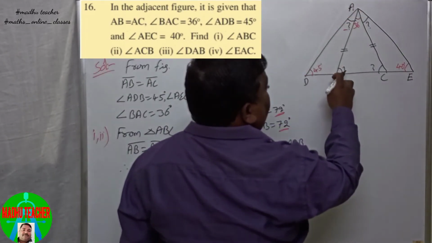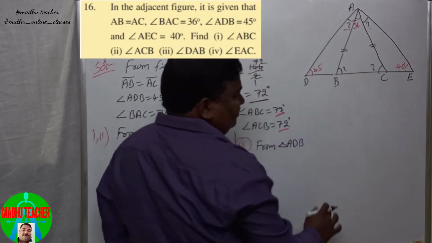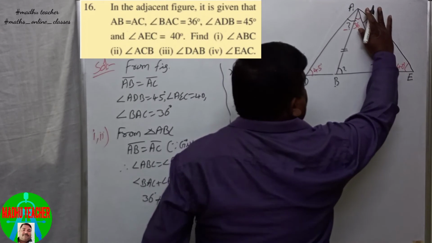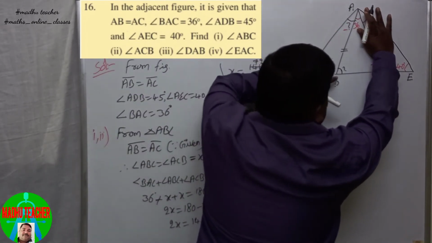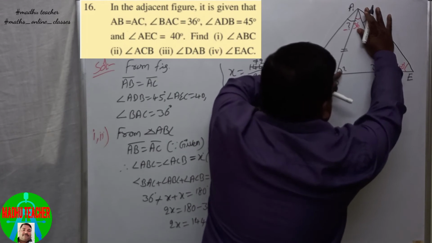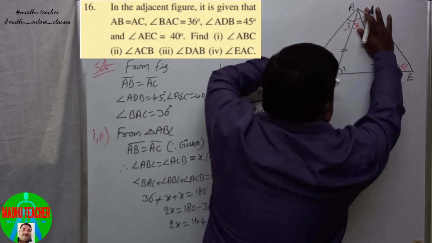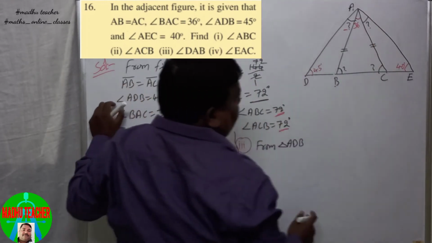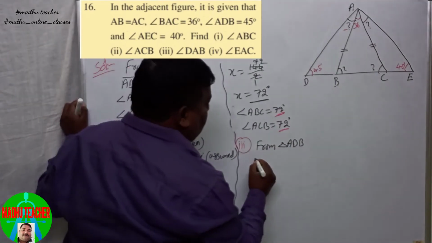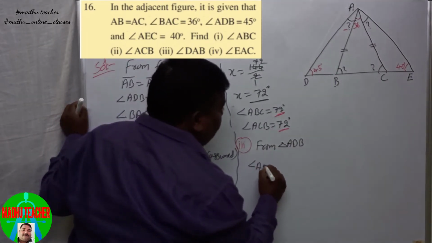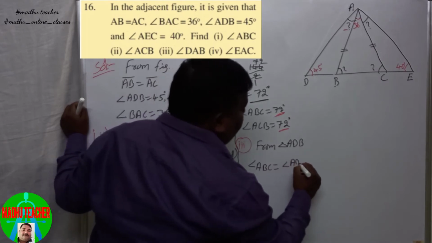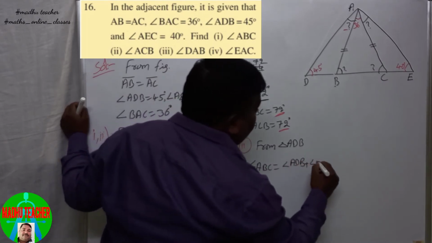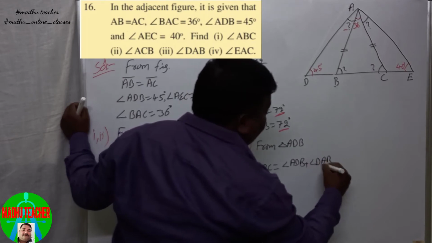In this triangle, this is the exterior angle. Suppose ADB is a triangle, so DB is extended, and this is the exterior angle. Exterior angle equal to sum of opposite interior angles. So angle ABC equal to angle ADB plus angle DAB.